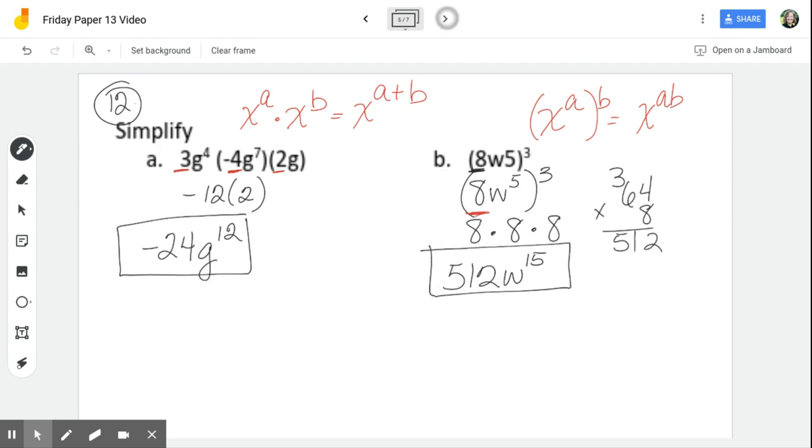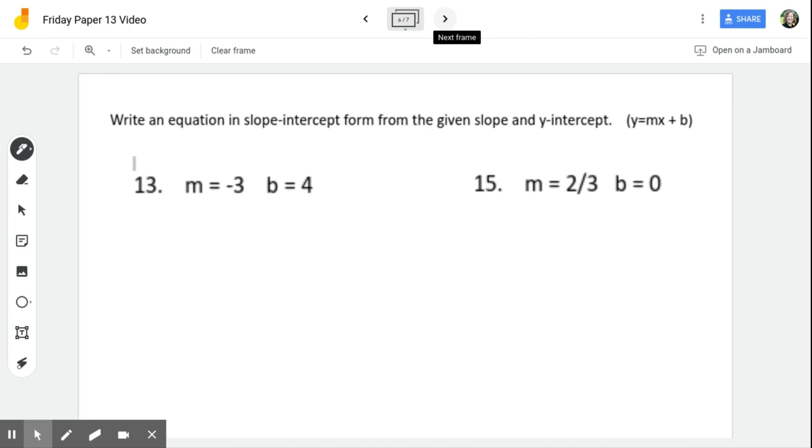Okay, we're moving on to number 13. Number 13 and number 15 say, write an equation in slope-intercept form from the given slope and y-intercept. Slope-intercept form, y equals mx plus b.